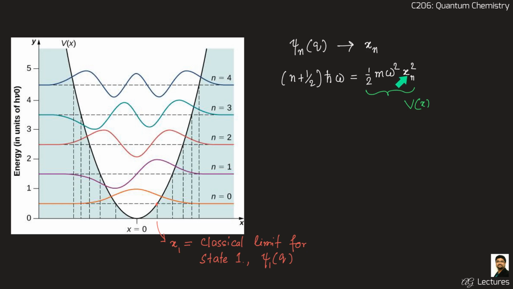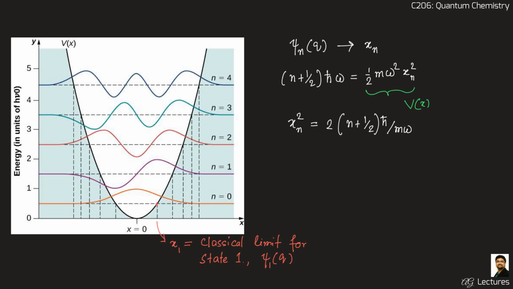So when the distance x is exactly equal to the classical limit, the entire potential energy is equal to the energy of the oscillator, and I can equate like this. Solving for xn, xn square is equal to 2 times n plus half h cross by m omega. So this is the xn square.